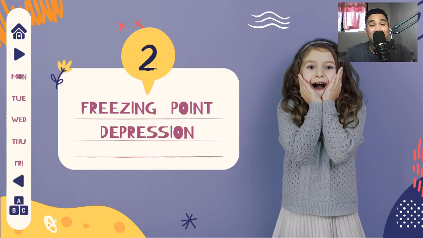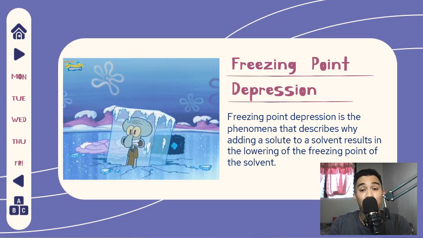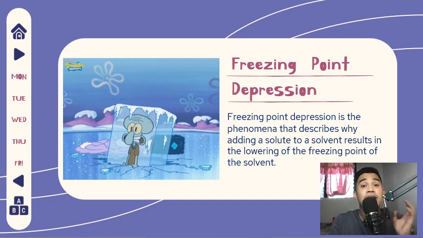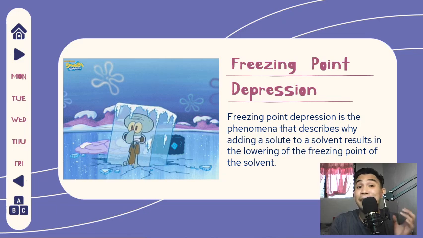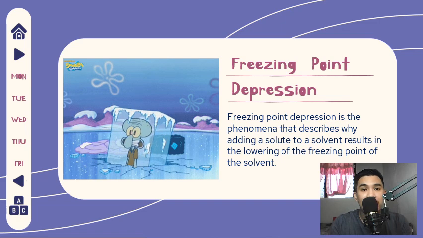Now let us proceed with the freezing point depression. Freezing point depression is the phenomenon that describes why adding a solute to a solvent results in the lowering of the freezing point of the solvent. When a substance starts to freeze, the molecules slow down due to the decrease in temperature, and the intermolecular forces start to take over, and the molecules arrange themselves in a pattern and thus turn into a solid.